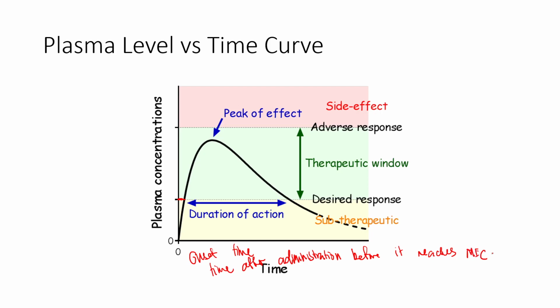Please take note that drugs when given to the body do not yield immediate effects. Usually, following normal conditions, an orally administered drug will take at least 15 to 45 minutes to exert its effect.